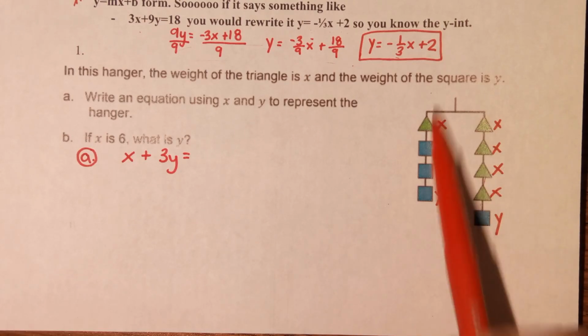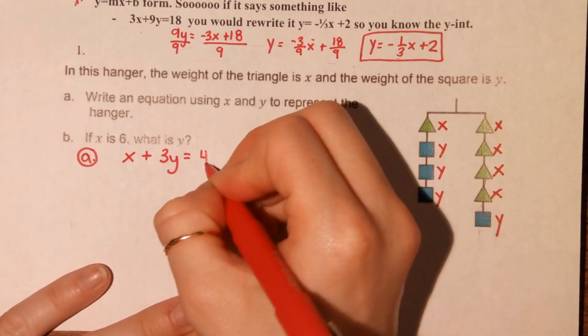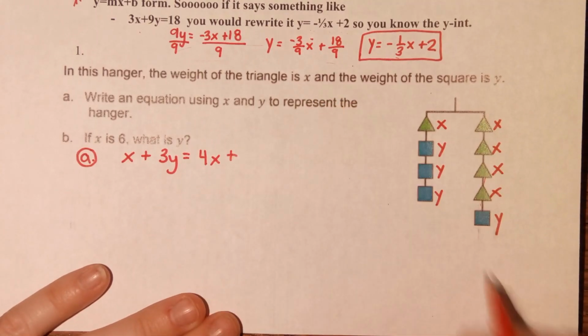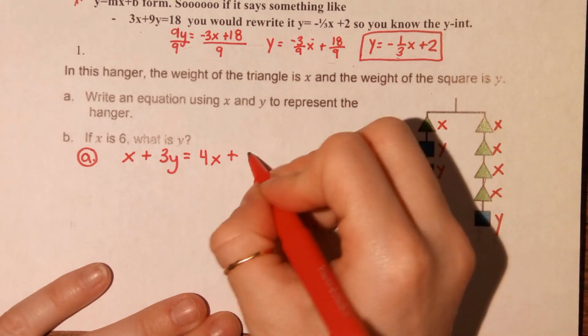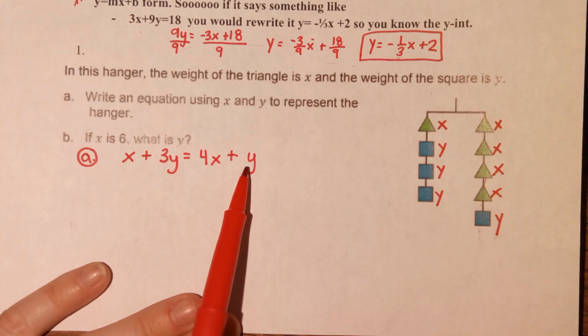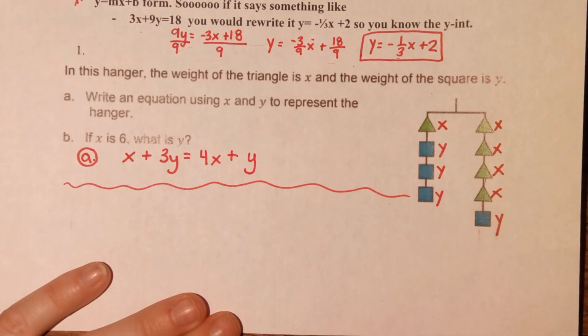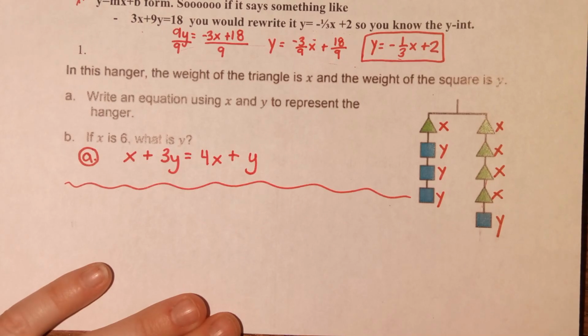Now we have 1, 2, 3, 4, 4x plus our one singular y. So again, pretend there's a 1 in front of that. They only wanted the equation for A, that's all they asked for. Write an equation using x and y to represent the hanger. Great, now let's do B.